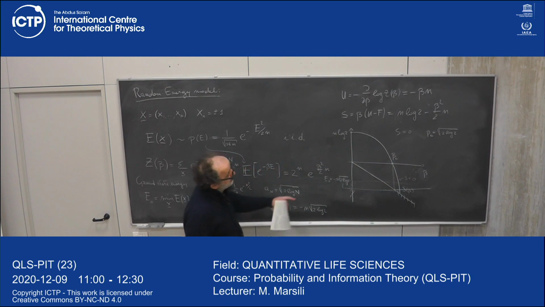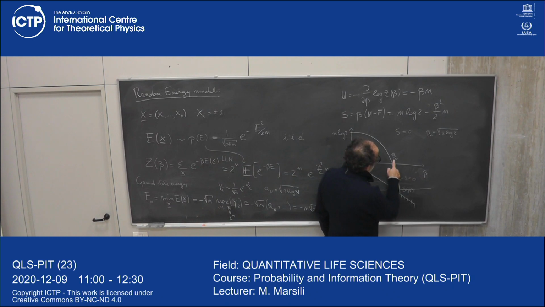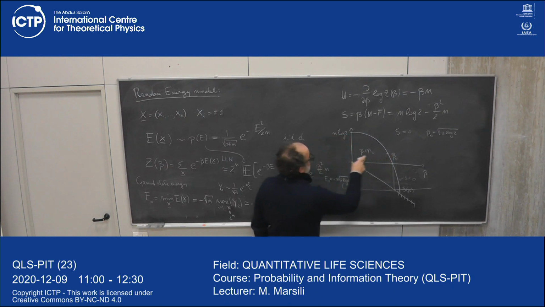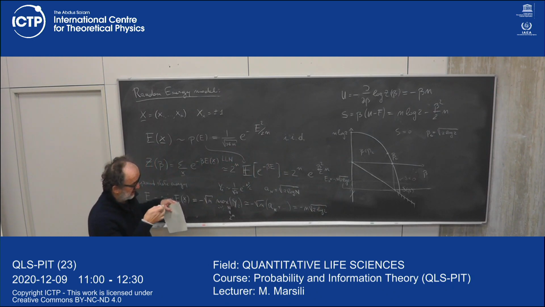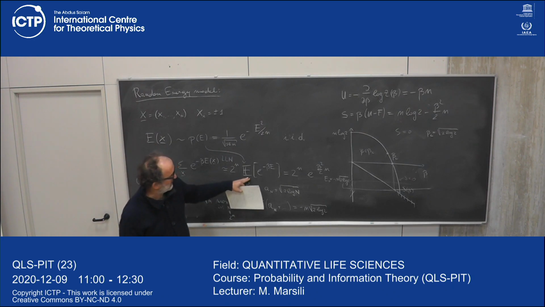and if the temperature is larger than this critical point, then you are in this region. So this is high temperature. And then the entropy is extensive, which means that this sum is dominated by an exponentially large number of terms, so that the law of large numbers can be assumed to hold here.